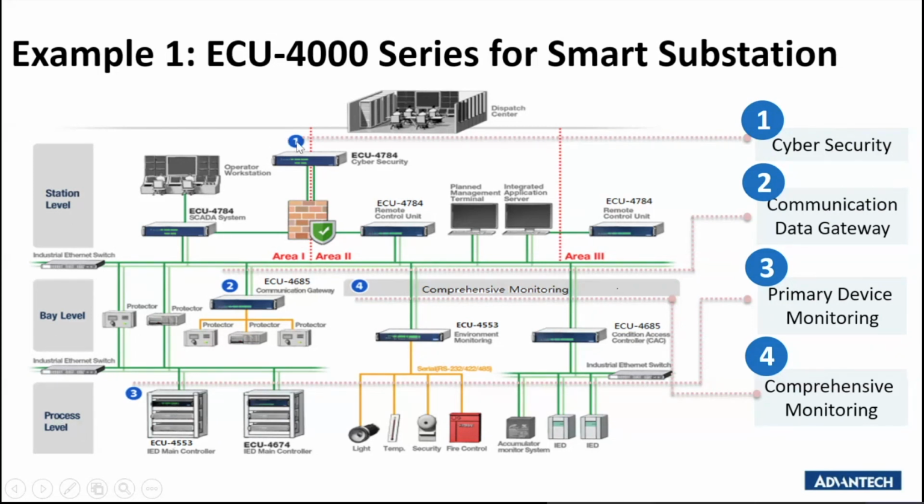For each level, we can deploy our ECU. For example, at level 1, we can have cyber security; for level 2, we can have a communication data gateway and also a comprehensive monitoring system; and for the process level, we can have primary device monitoring.